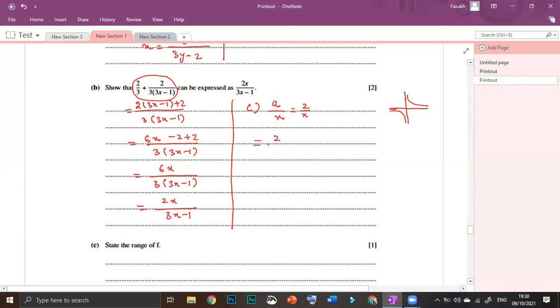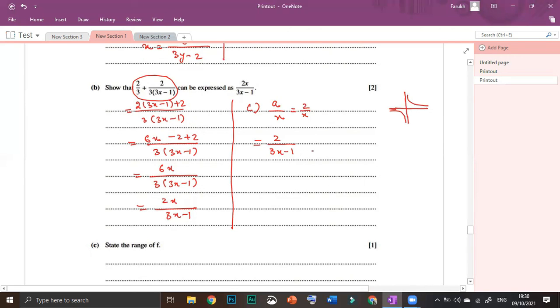Now, replace x with 3x minus 1. Put the denominator equal to 0 to find out the asymptote of this graph.